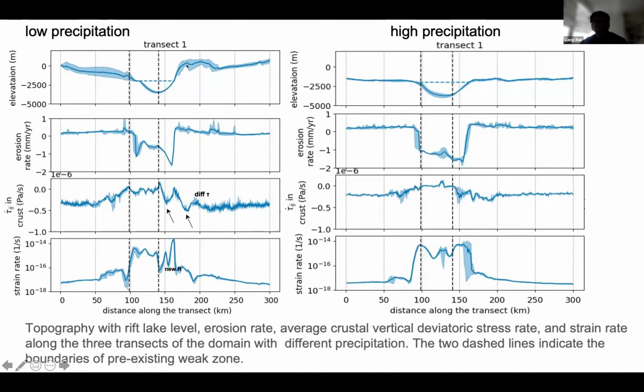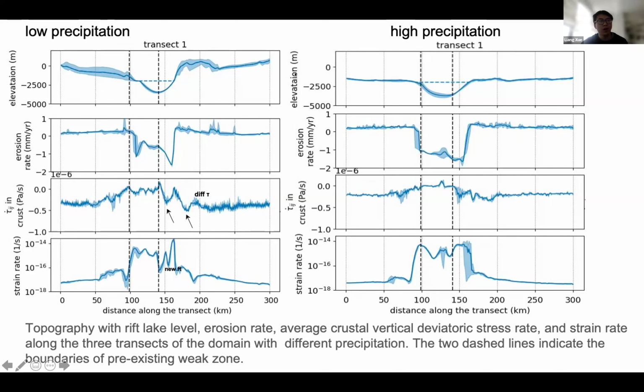However, erosion of the footwall and deposition on the hanging wall will make the topography smoother. So it will reduce the GPE buildup, allowing the border fault to accommodate strain even longer.